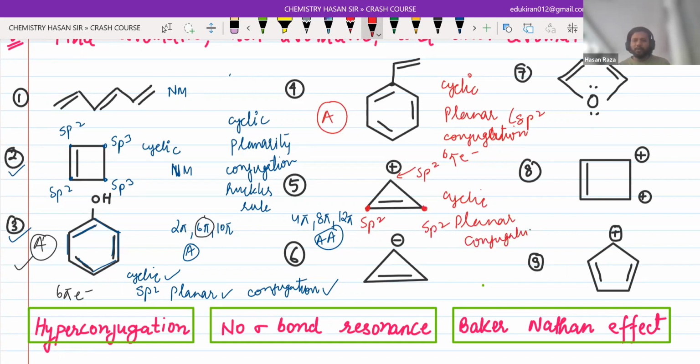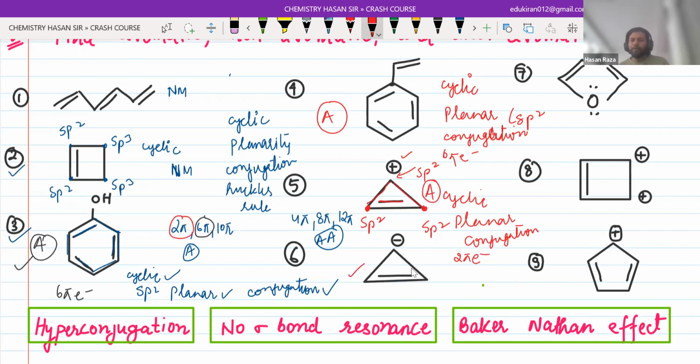Conjugation is also there. You can see pi bond, sigma bond, and vacant orbital. Again, pi bond, sigma bond, and vacant orbital. That means it is conjugation. Then go for Huckel rule. You can see only one pi bond is there, which means 2 pi electrons, and 2 pi electrons comes under aromatic. That means this compound is aromatic.